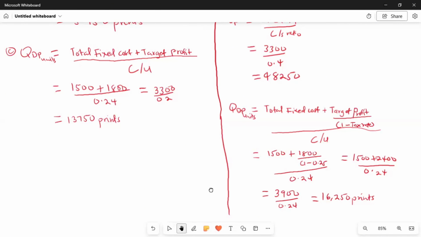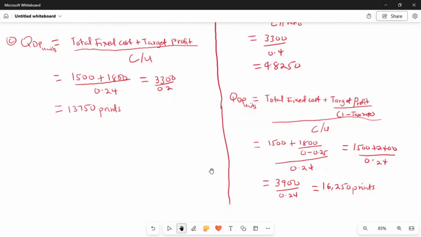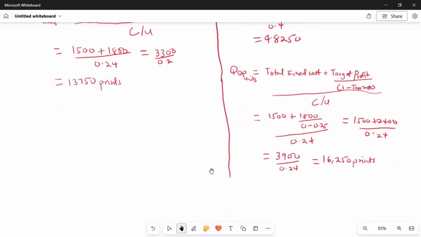If you want to find it in sales, what you do is you pick the units and multiply to get the total sales. That's the sales revenue.